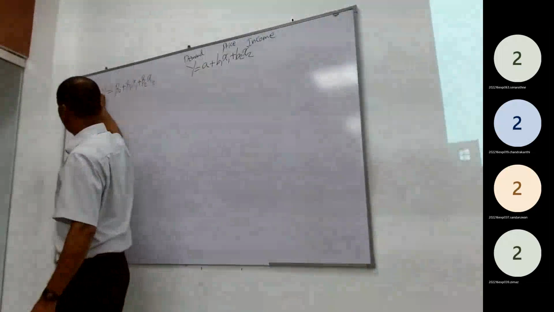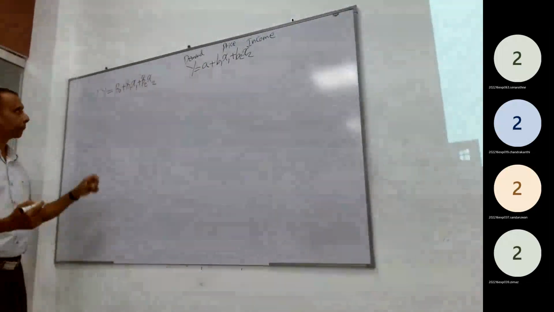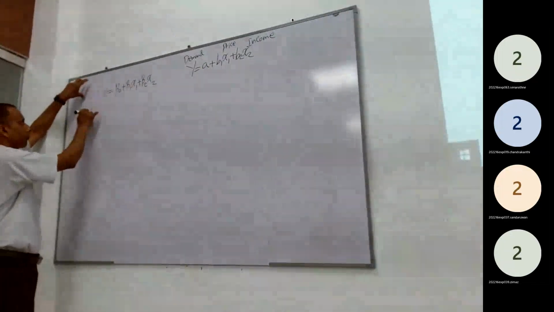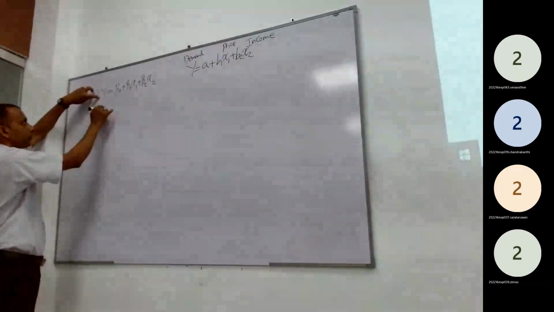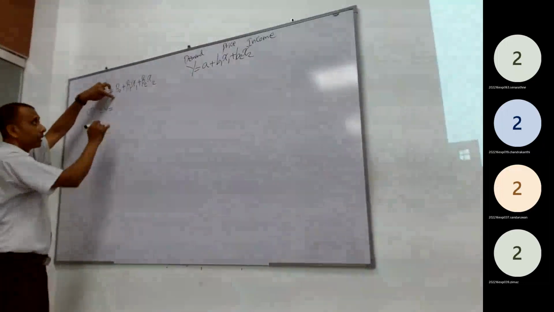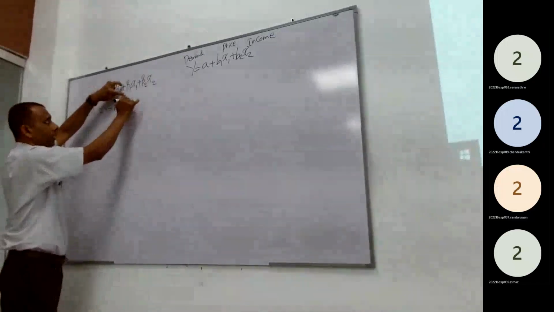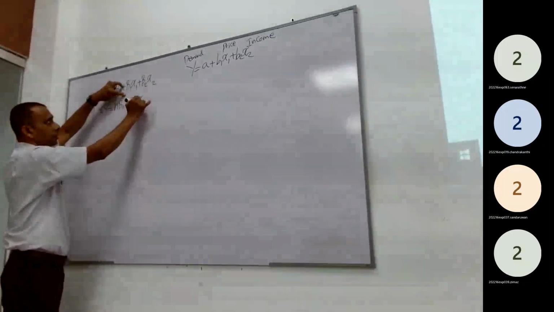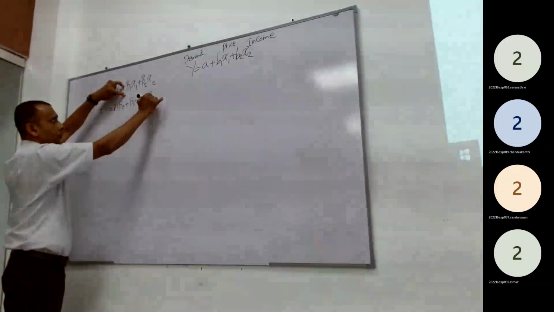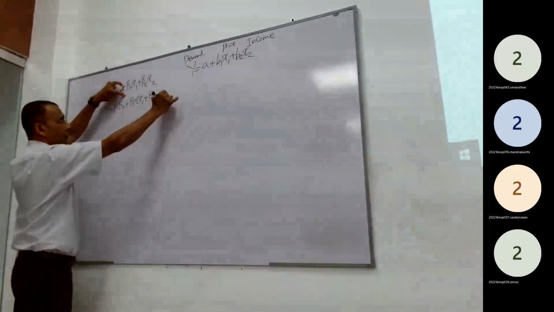I need sigma. Normal equation 1: sigma y equals n beta 0 plus beta 1 sigma x1 plus beta 2 sigma x2.